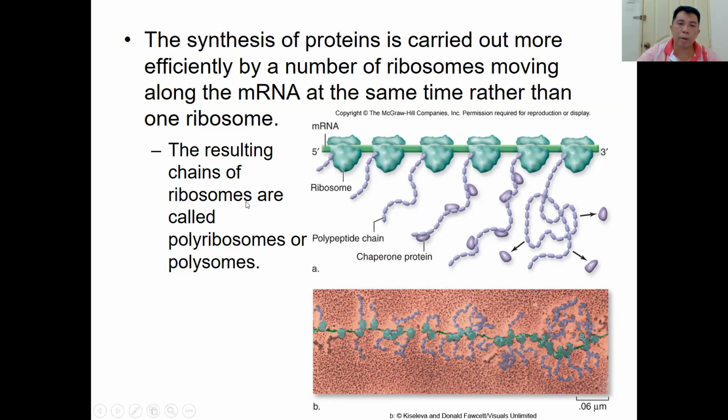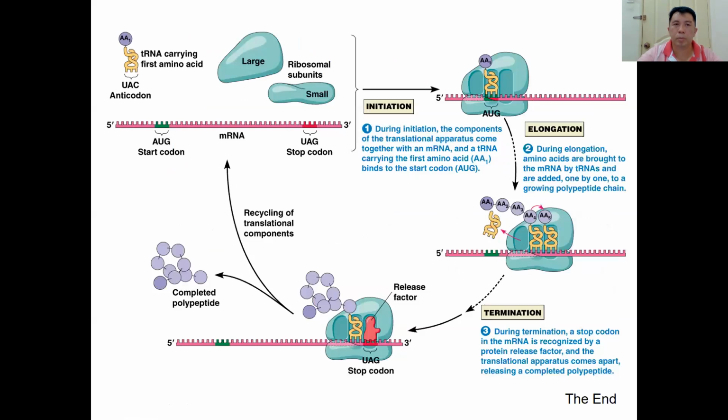The resulting chains of ribosomes are called polyribosome or polysome, so that more polypeptides can be formed at the same time.